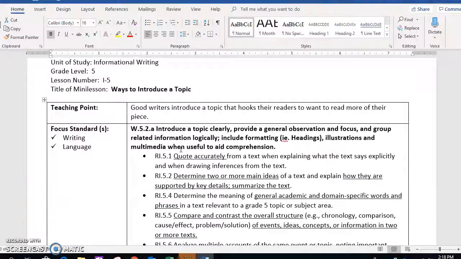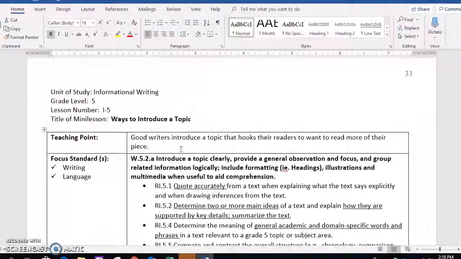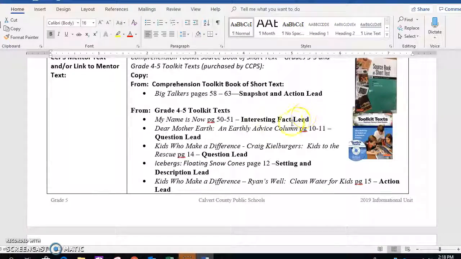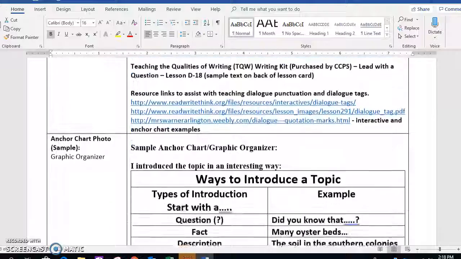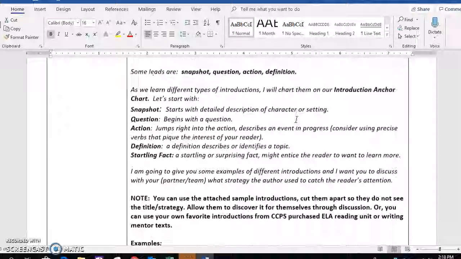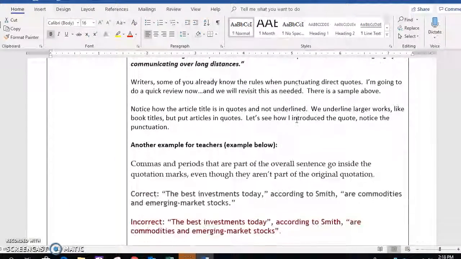On page 33, this is similar to last year, ways to introduce the topic. And this is your introduction, what we call the lead in narrative, but we really want to focus on them writing an introduction type lead. So there are different examples in here that you can use, very similar to last year.